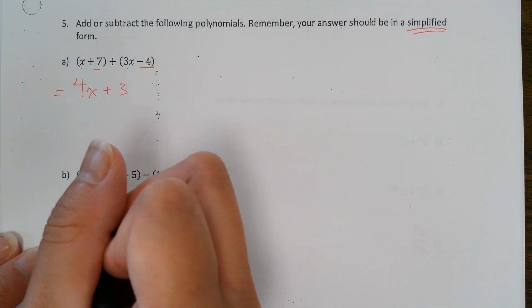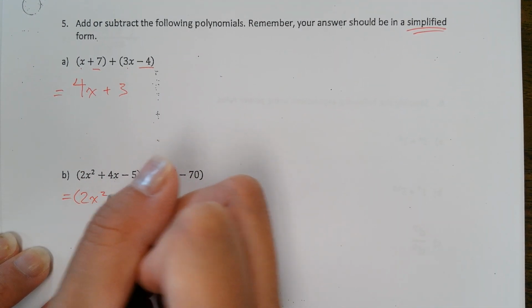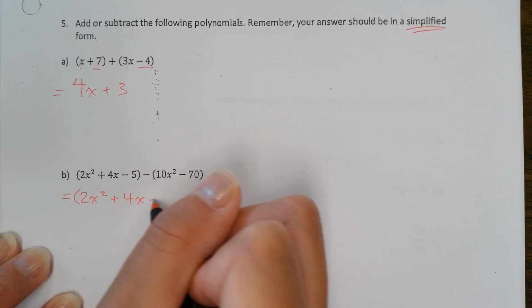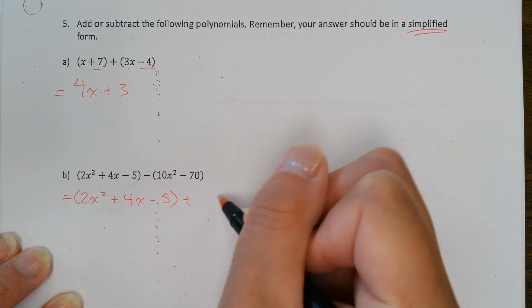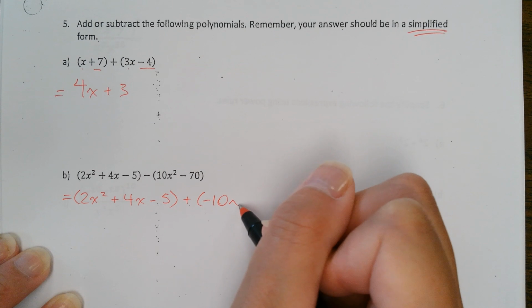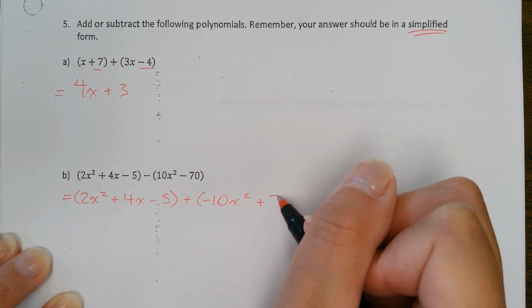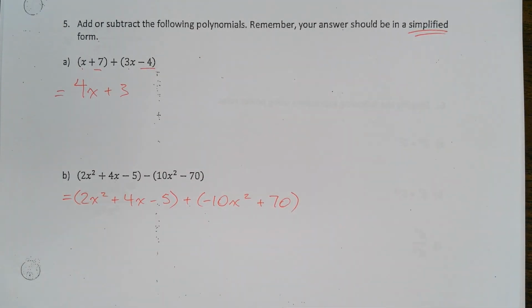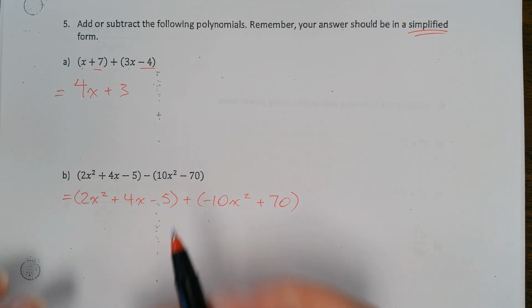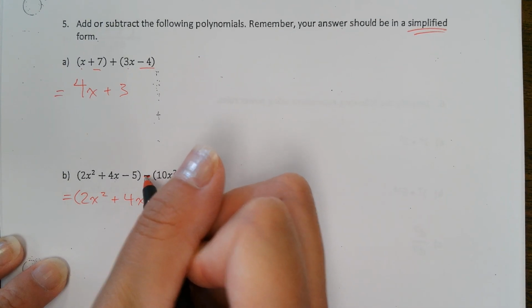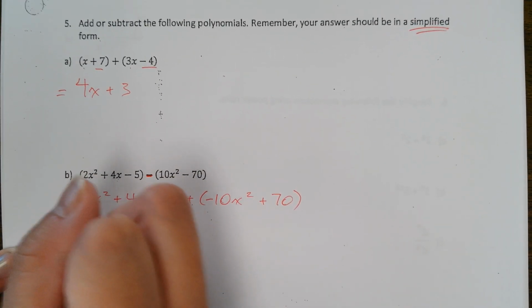Okay. Both are the same. So we'll do change the sign in the second bracket for this one. Okay. So remember, this was like the very first method that I taught you guys when we subtract polynomials. So it's the same method.